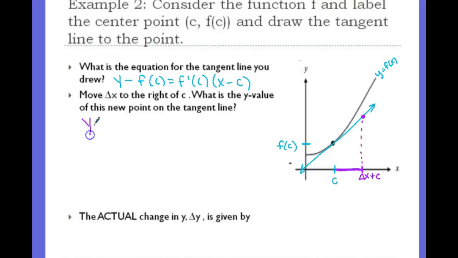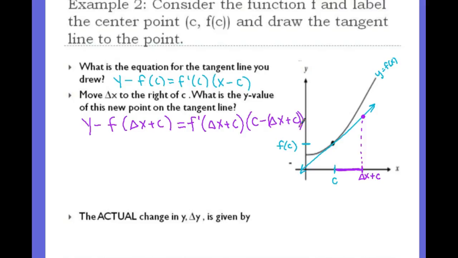So this would become y minus F of delta x plus C equals F prime of delta x plus C times the quantity of C minus delta x plus C. So what I've done is replace all the C's with delta x plus C, and my x became C. It should be in parentheses, so that it's x minus all of this.